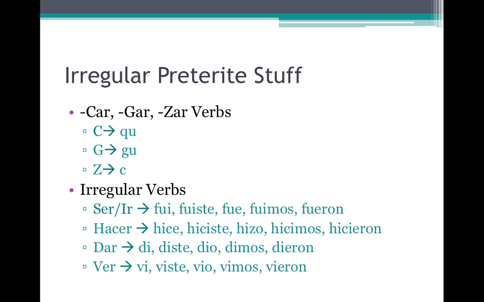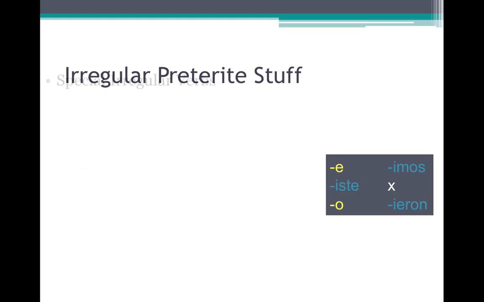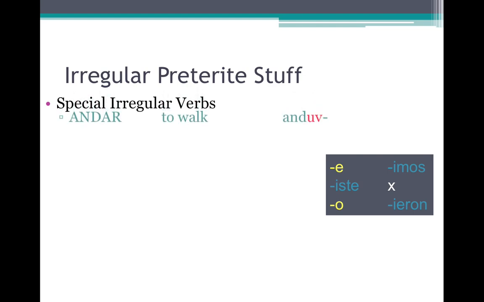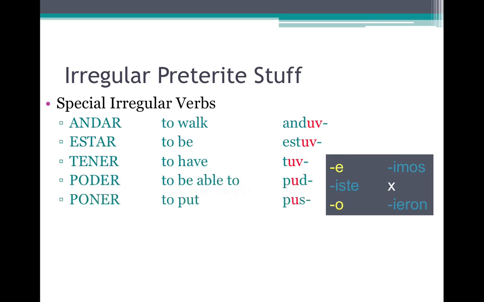Okay, let's move on. After we learned car-gar-zar verbs and after we learned irregular verbs, what kind of verbs did we learn? Stem changing. No, right before stem changing, there were those special irregular verbs. All those things that had irregular stems in them. Remember doing those? We sang our song.